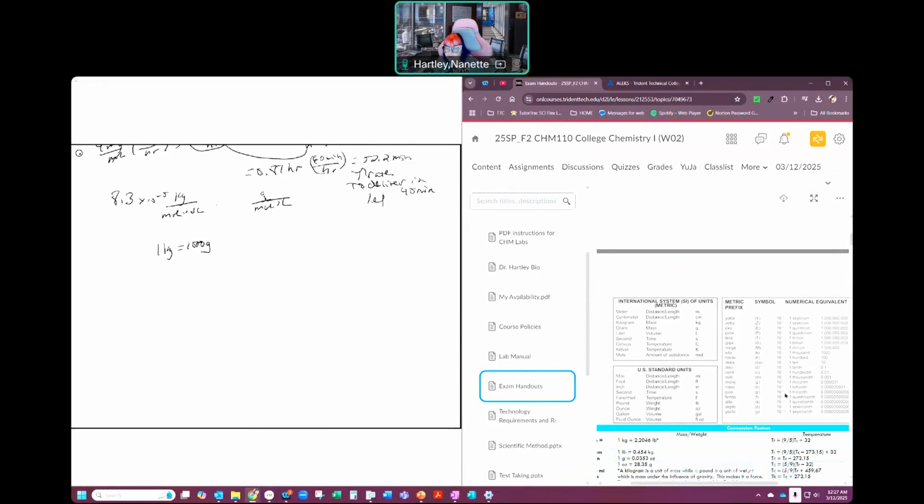So if I come and find deci, that's right here, and it says 1/10. So it's 10 to the negative first. So I have 1 deciliter equals, and I always do it this way.